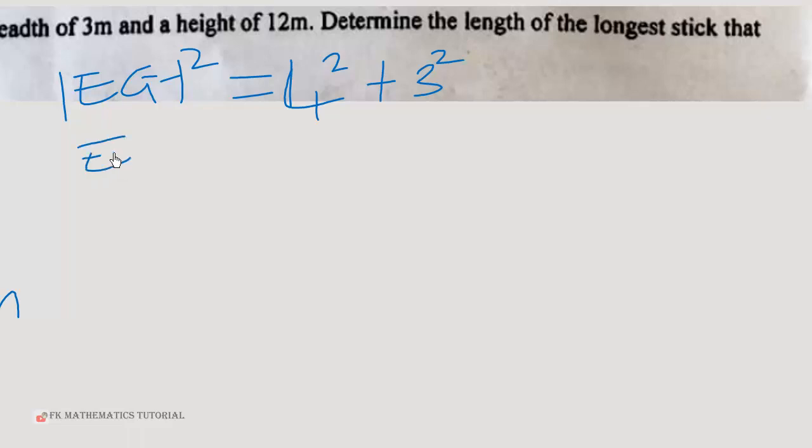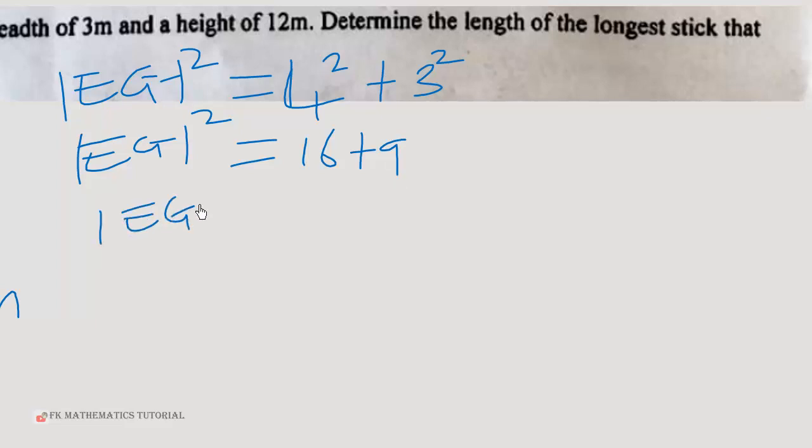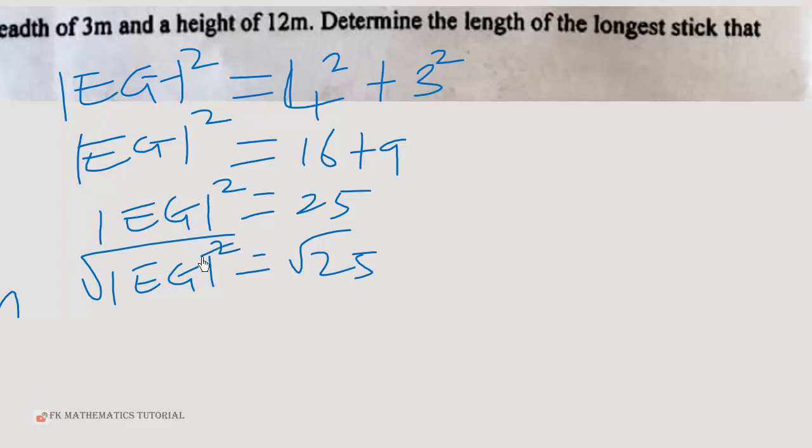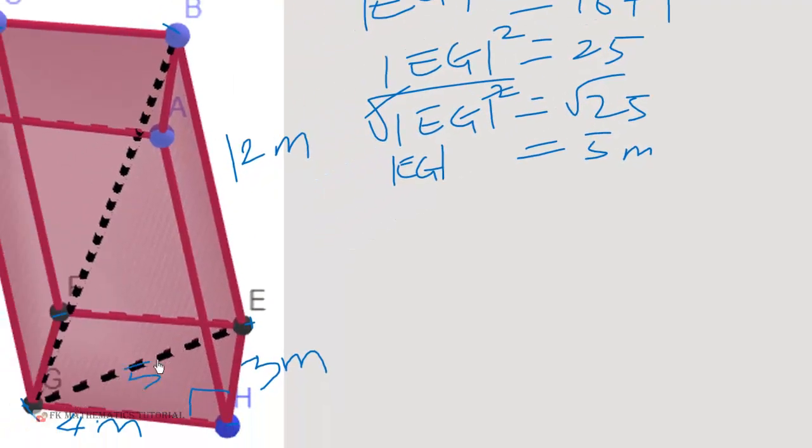So magnitude of EG squared will be equal to 16 plus 9. So the length of EG squared will be equal to 25. Taking the positive square root of both sides, EG will be equal to square root of 25. That will give us 5 meters. So from E to G is equal to 5 meters. So this place is 5 meters.